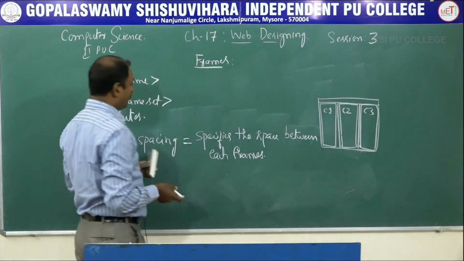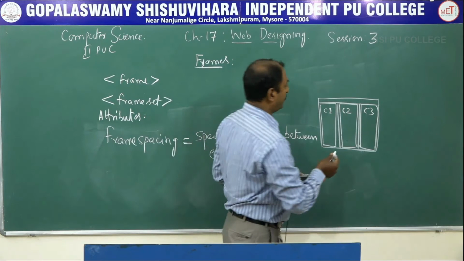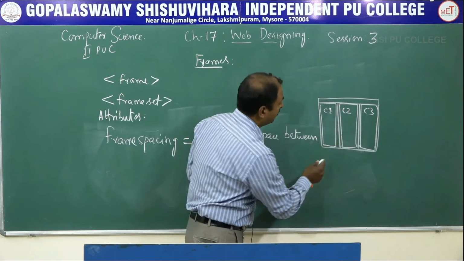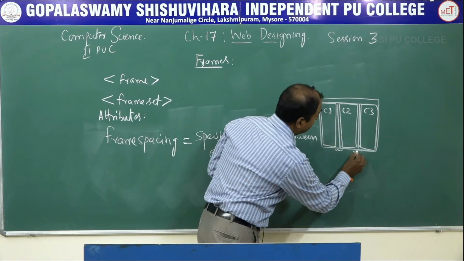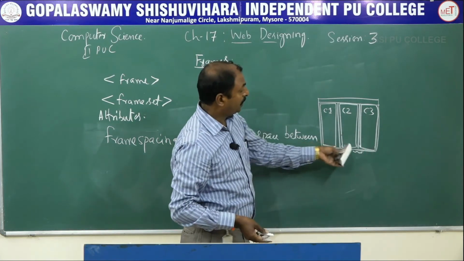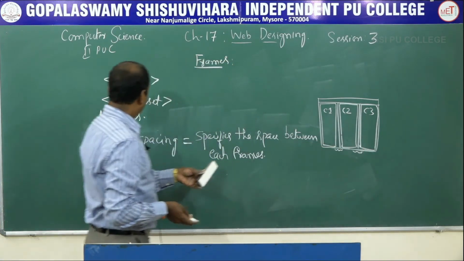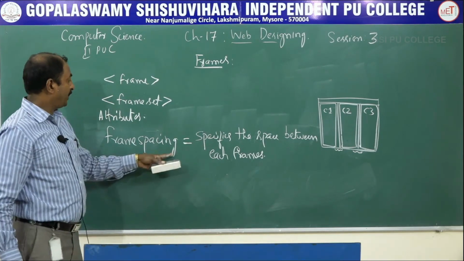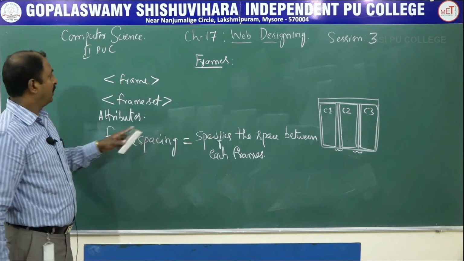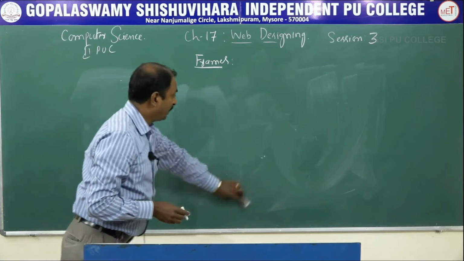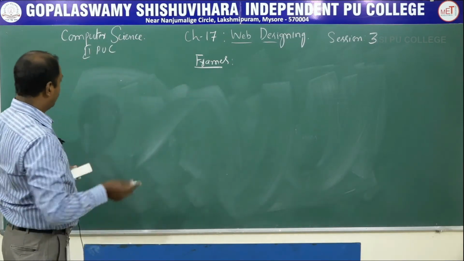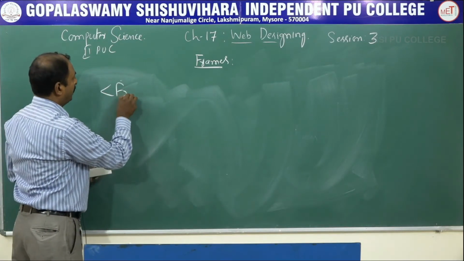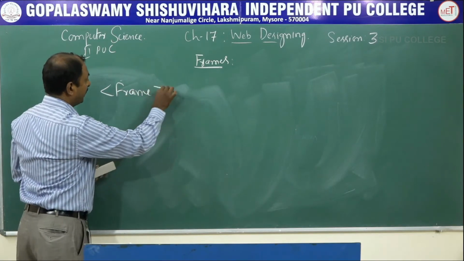So frame spacing specifies the space between these two individual frames. So this is the frame spacing attribute.